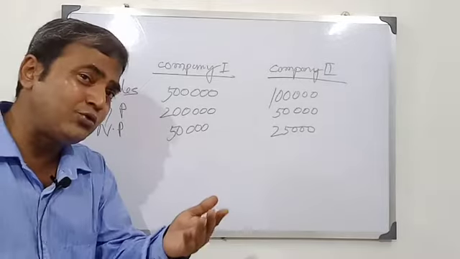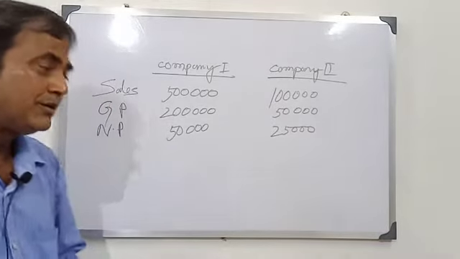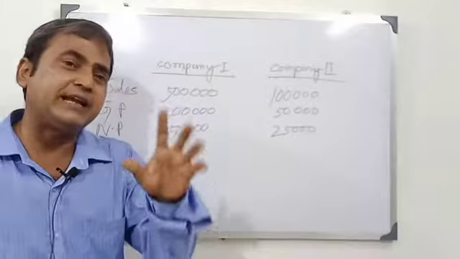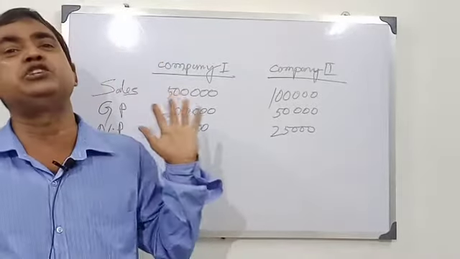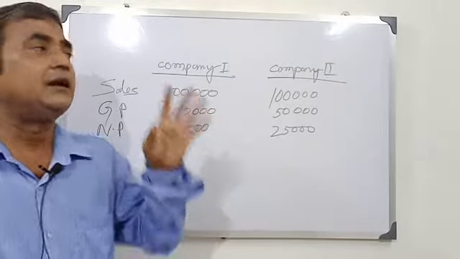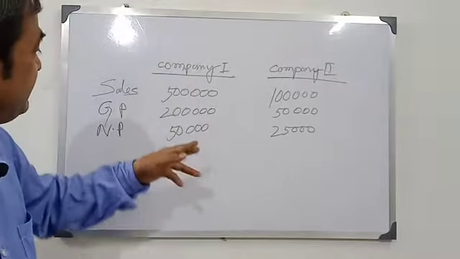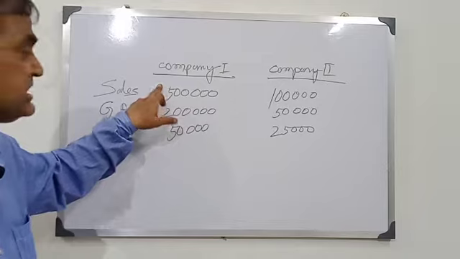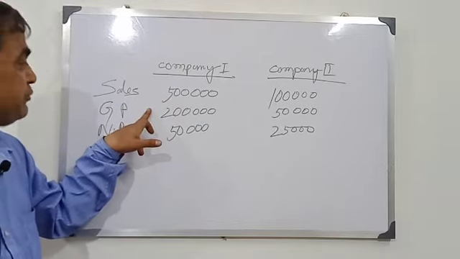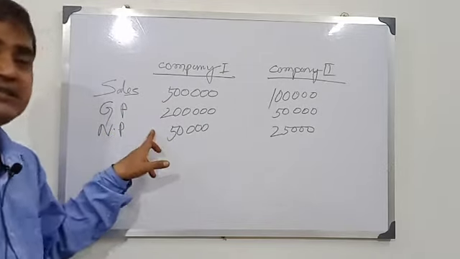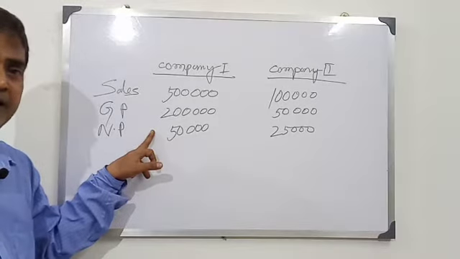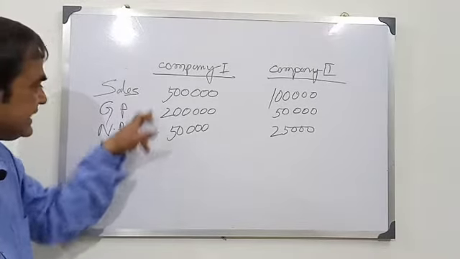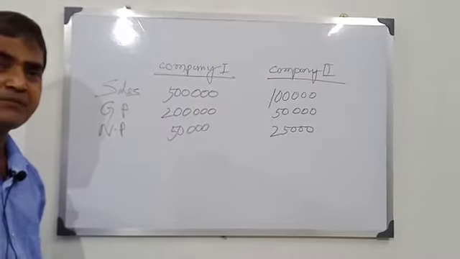But is it true? We can analyze this by ratios only. By observation, we will find this company is better: 5 times the sales, GP 4 times, net profit double. So we will say this company is better.